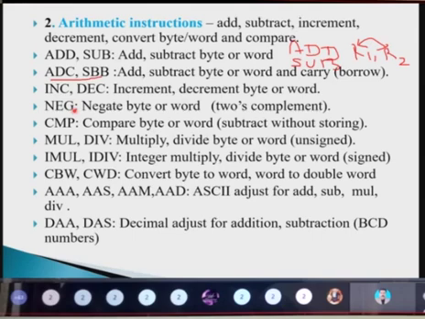IMUL or IDIV is integer multiply or divide of byte or word. Okay. CBW or CWD will convert byte to word for CBW, and word to double word for CWD. So like that.